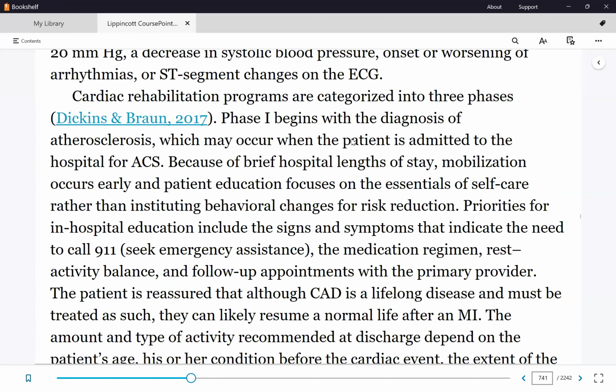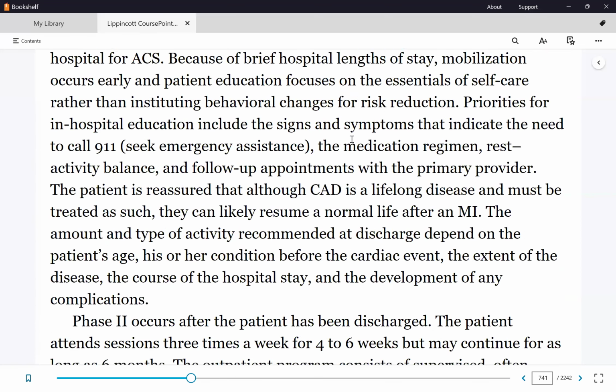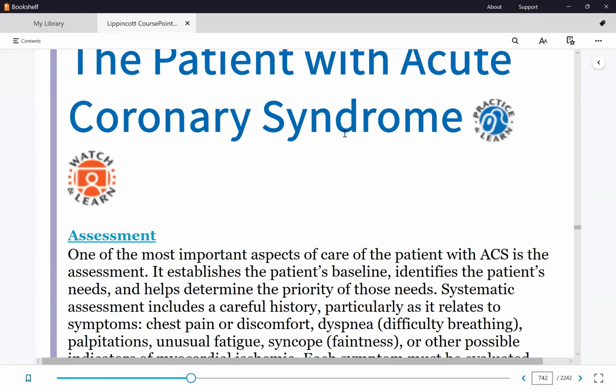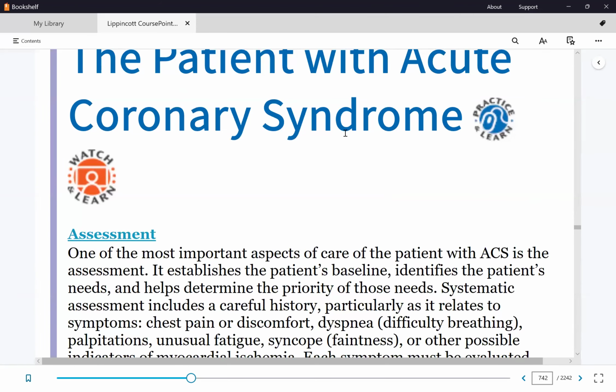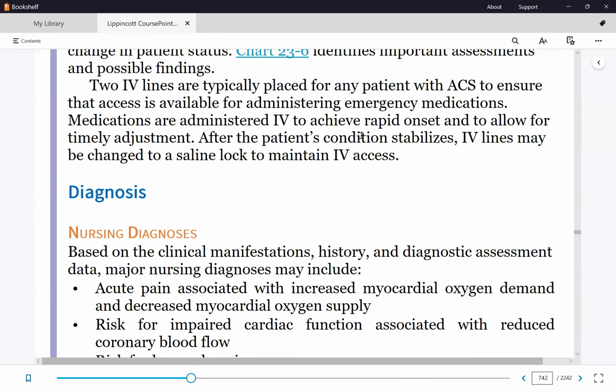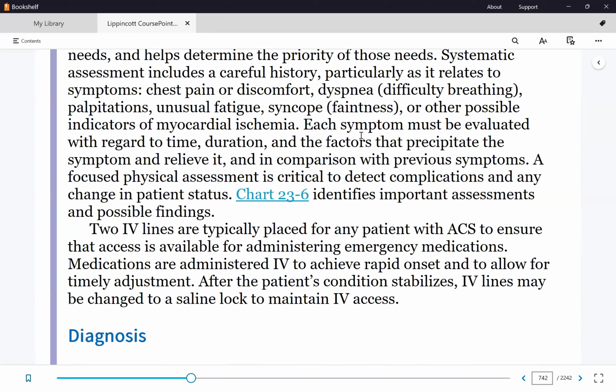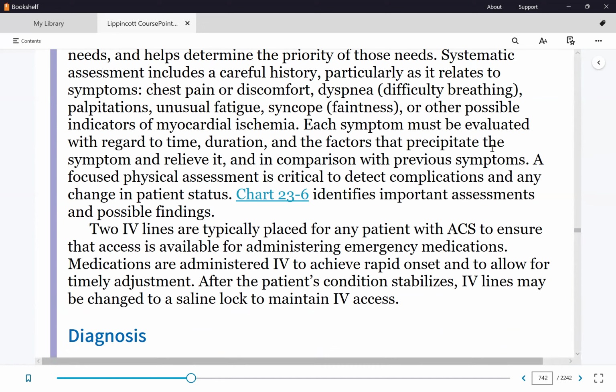So what do we discharge these patients on? After they survive acute coronary syndrome, what are those drugs again? Antiplatelets, statins, beta blockers, nitroglycerin, and also calcium channel blockers. Oh, ACE inhibitors, don't forget ACE inhibitors.